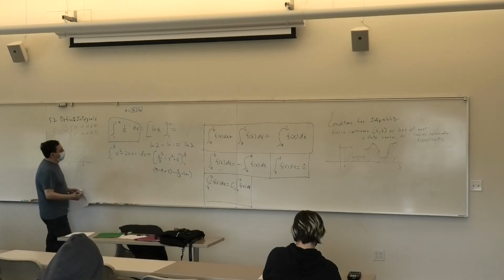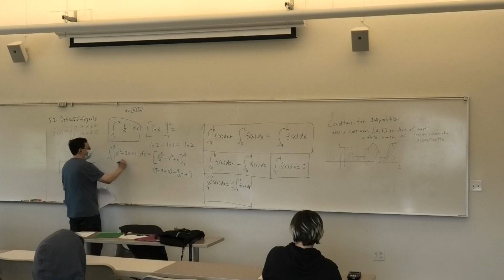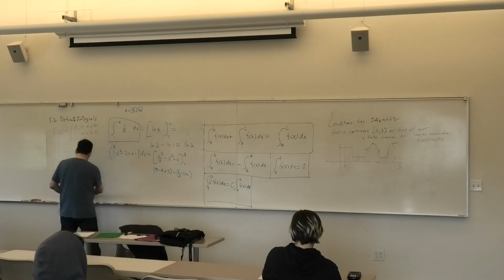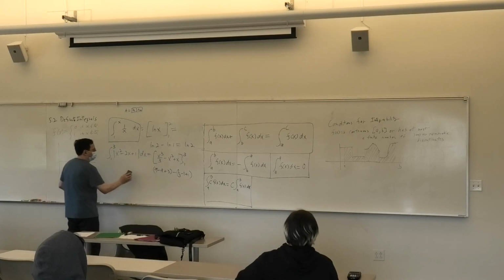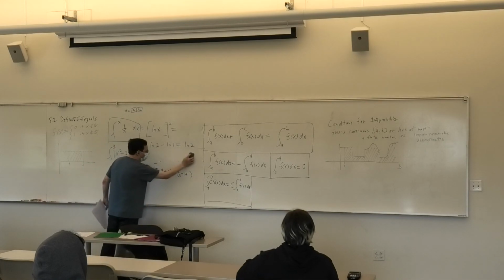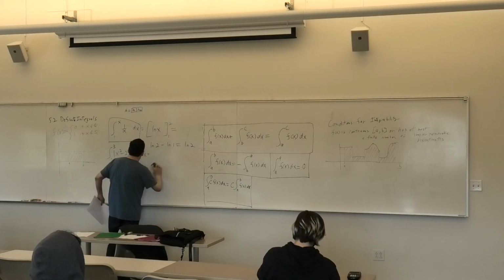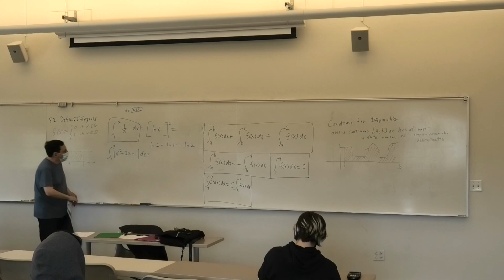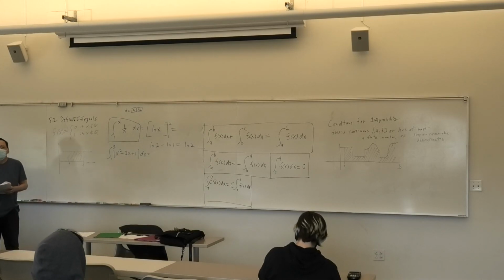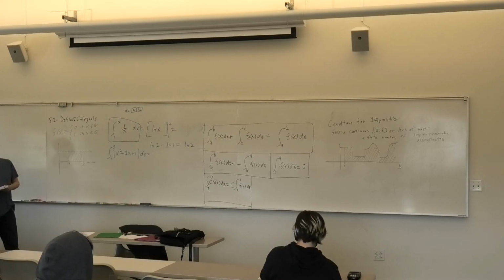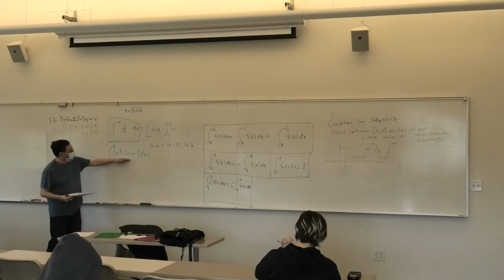But we might also want to know what the integral of the absolute value is. How would I go about that? What do I need to know to do this?